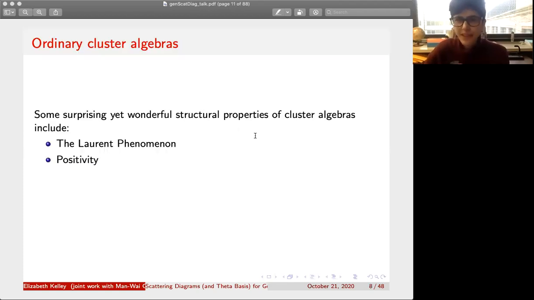As Alex has already discovered, there are some interesting and wonderful structural properties of cluster algebras. One of these is the Laurent phenomenon that I mentioned. The other is what's called positivity. All that means is that when I write out the terms in these Laurent polynomials, their coefficients are always positive integers.